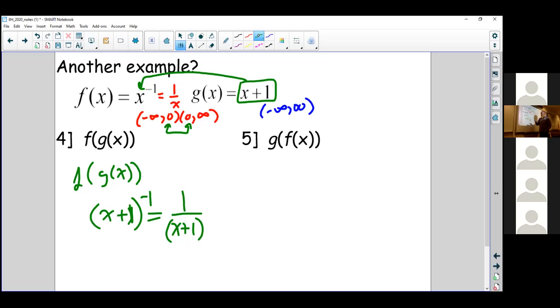It doesn't have to be the 0. What's going to make this denominator 0 here? What makes this 0? What number? Well, 0 doesn't work because 0 plus 1 is 1, so that works. So this is going to be negative 1. So x can't equal negative 1. So my domain of this one is going to be negative infinity to negative 1, negative 1 to infinity.